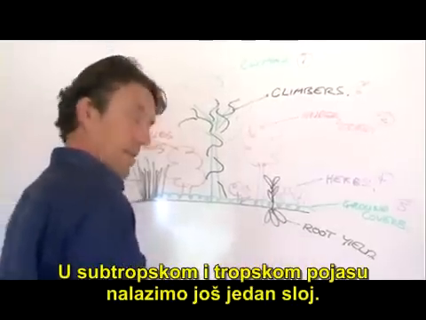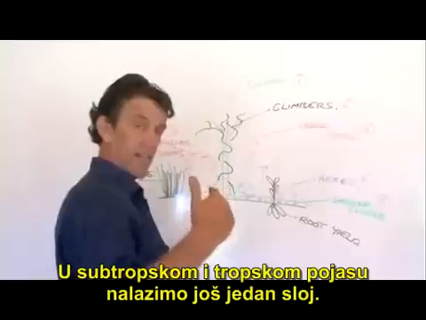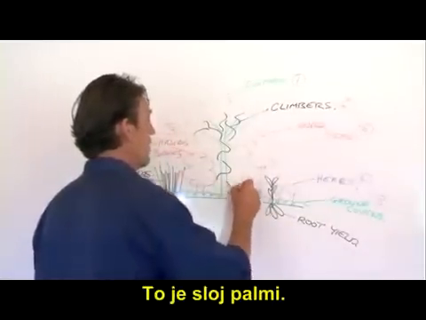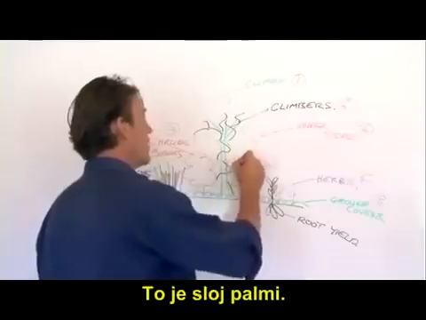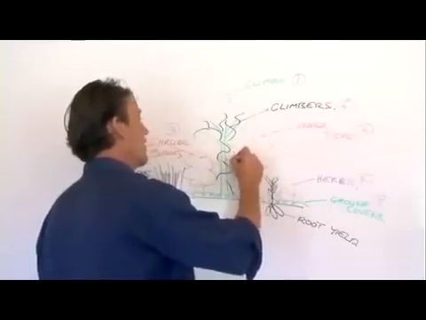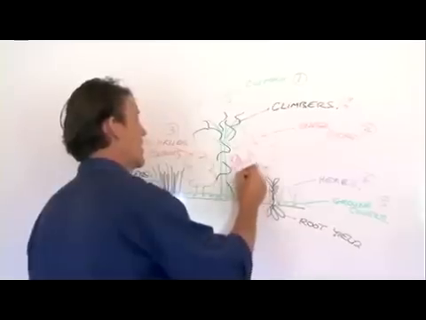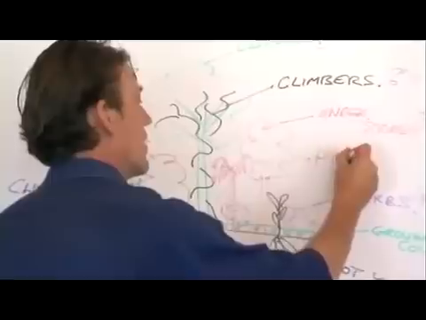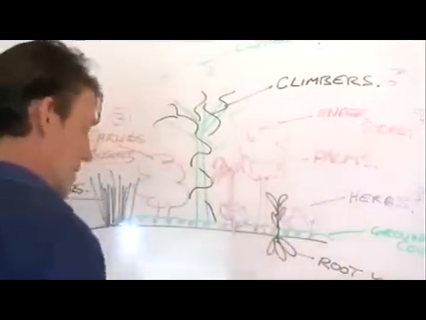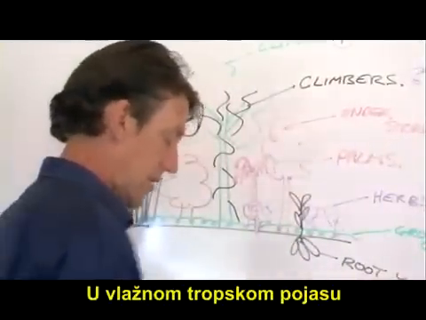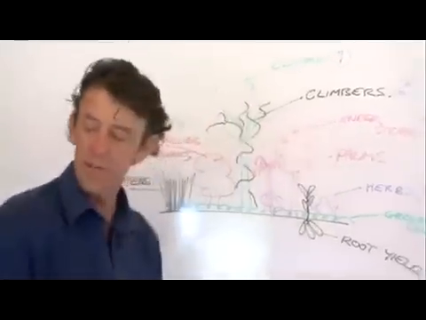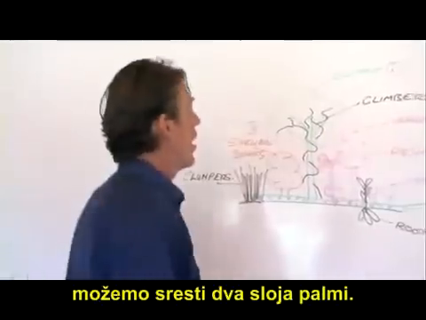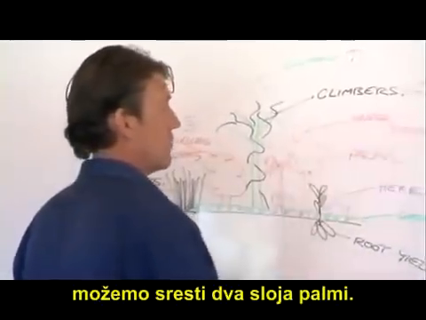In the tropics, starting at the subtropics to the tropics, you can also have palms. So you can have a palm layer in the forest. And in the wet tropics, you can typically have 2 layers of palms.